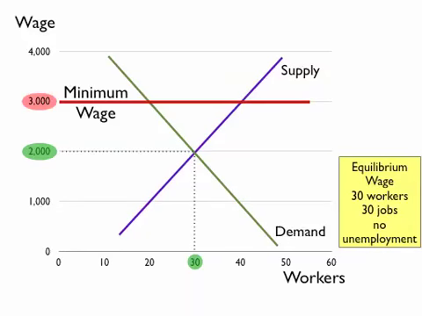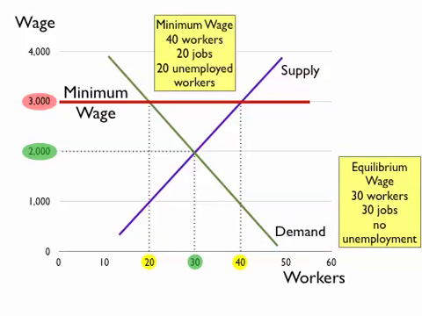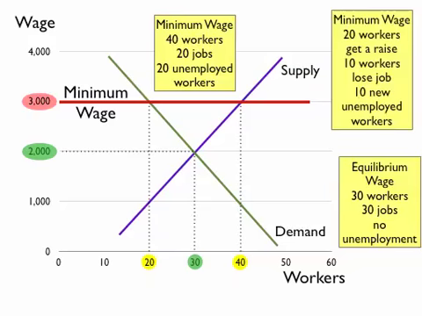we note here that there's a separation now between supply and demand. The quantity supplied would be 40 and the quantity demanded would only be 20. We would have a surplus. We'd have 40 workers that would want the job, but only 20 workers that would be employed, as there's only demand for 20 workers at that new wage rate.